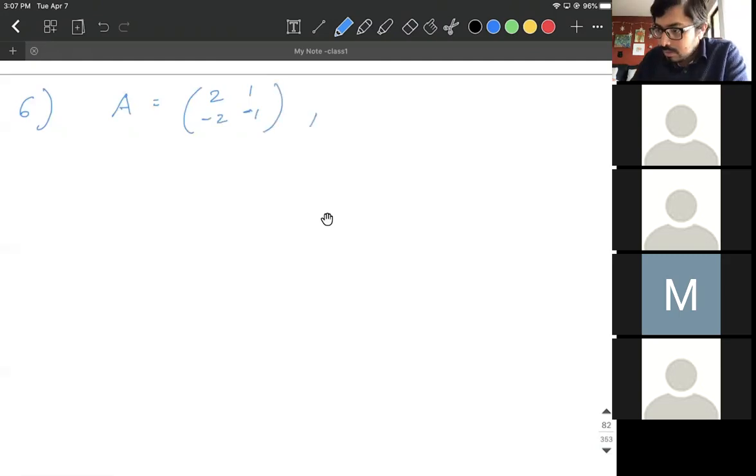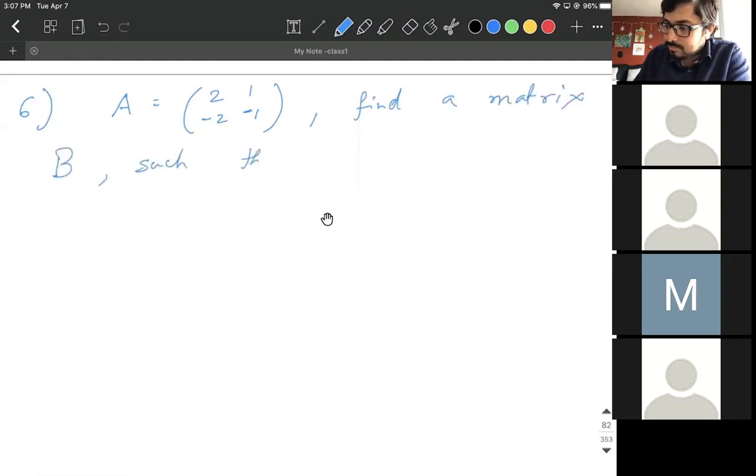Now find a matrix B such that B squared equals A. So it's something like finding a square root of a matrix. It's not completely accurate, but up to a point, let's say.